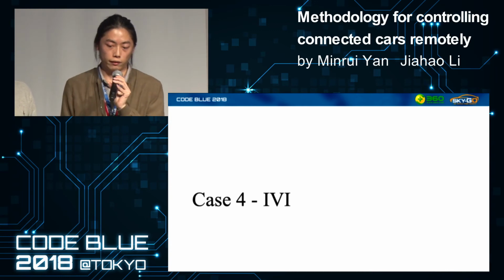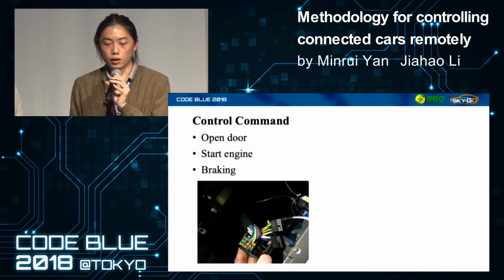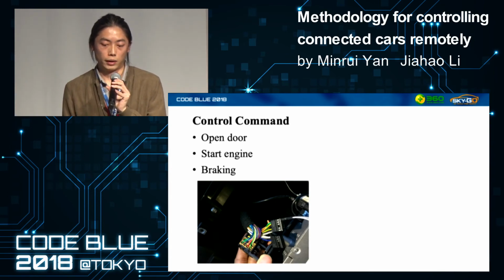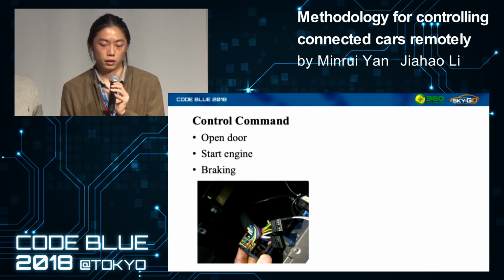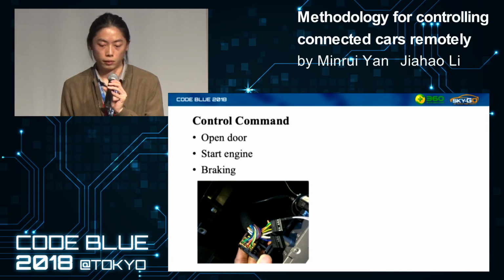So how to affect the powertrain? I will show you another case of IVI. Connecting our computer to the in-vehicle network CAN bus, when we do some actions such as opening the door or turning on the air conditioner, it's straightforward to know which command is valid.